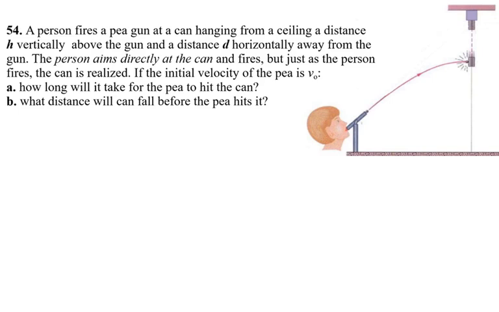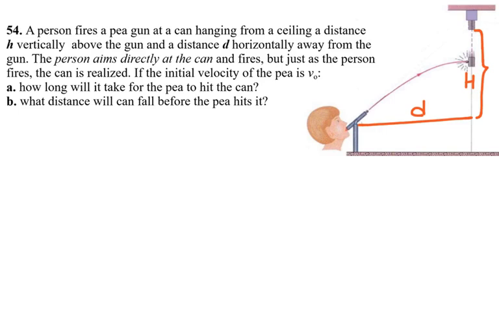The person aims, so this is the distance that they say, h. So from the gun, this distance is h, and distance d away from the gun, so that is distance d. And the person aims directly at the can and fires.